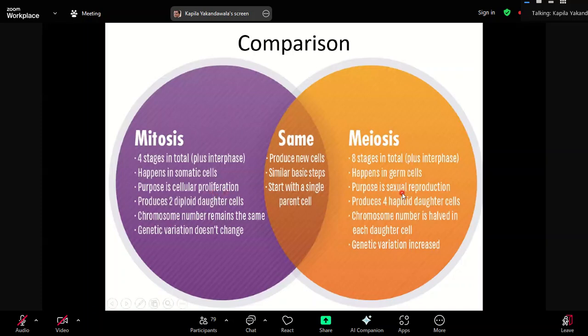But meiosis is for sexual reproduction. Mitosis produces 2 diploid daughter cells, but meiosis produces 4 haploid daughter cells. In mitosis the chromosome number remains the same, but in meiosis the chromosome number is half that of the original cell. Genetic variation, no. But in meiosis, genetic variation is present. In both mitosis and meiosis, the plant will produce new cells.